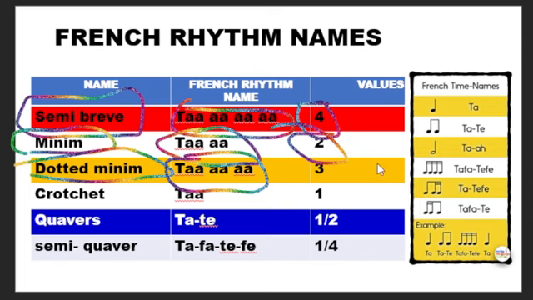The crochet has 1 beat, so you say ta, 1 beat. Then you have the semiquaver. We say ta fa te fe.